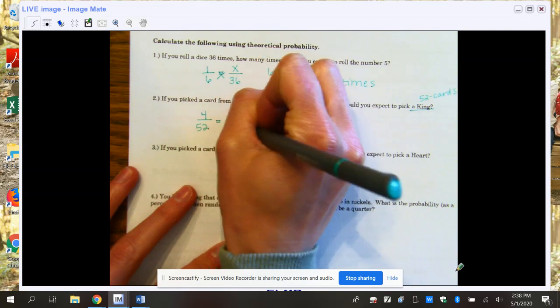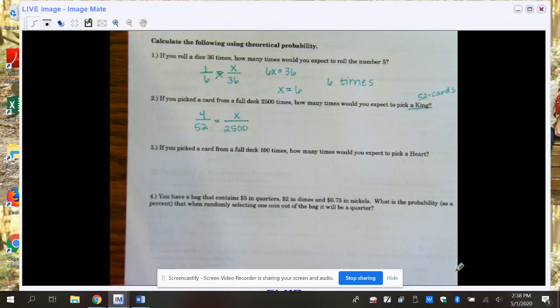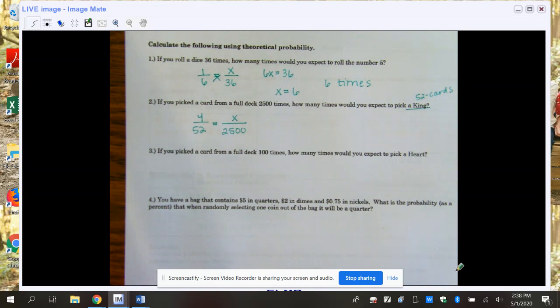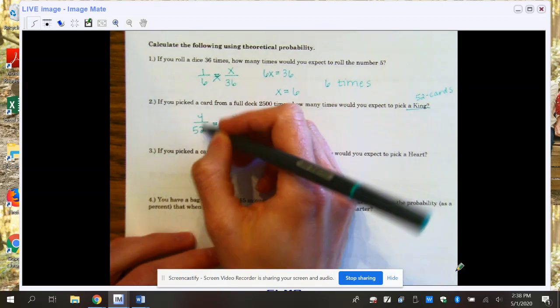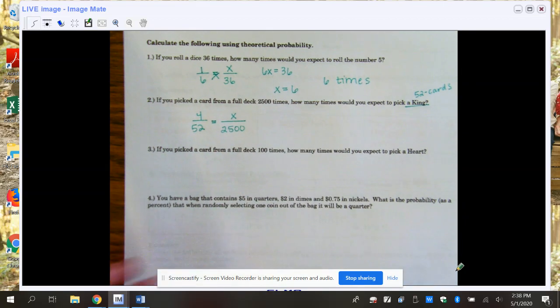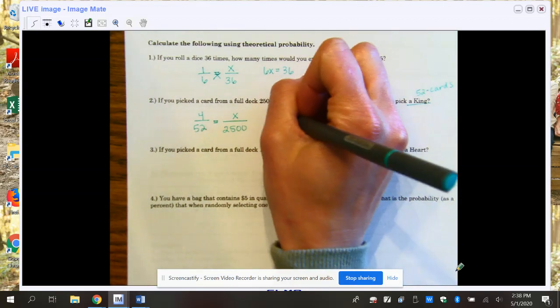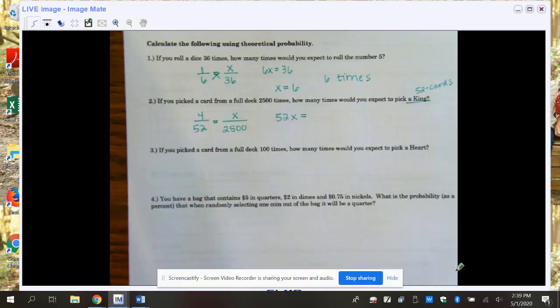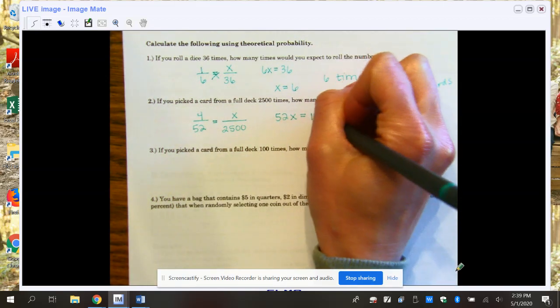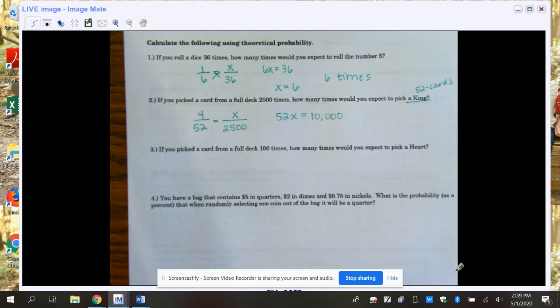And so I want to translate that to 2,500 picks. That ratio should be the same. And you can simplify that fraction first if you want to. So when I cross multiply here, I would get 52x equals, and then 2,500 times 4 would be 10,000.